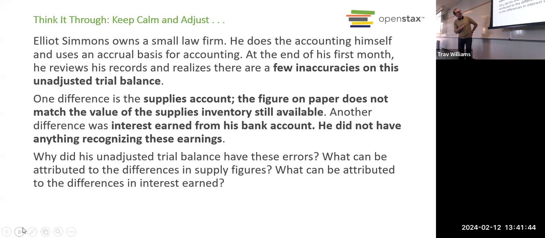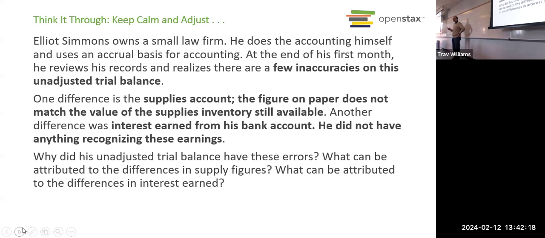So here we have a scenario where this guy's doing some accounting using the accrual basis. What was the accrual basis of accounting as opposed to the cash basis? Record everything as it happens. Okay. Under the accrual method, which is what most companies use, you record the sale when it happens, you record the expense when it happens, not when the dollars change hands.